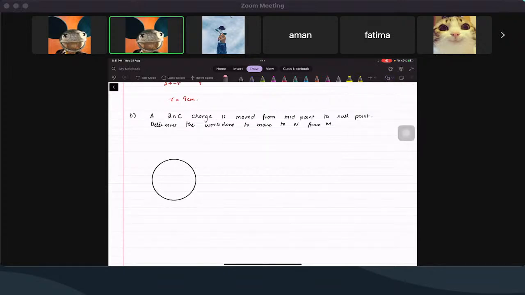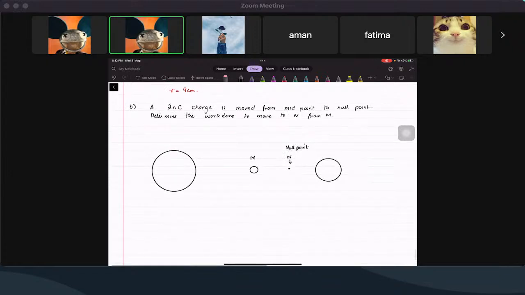Okay, so there is this charge, and then there is a small charge just right in the middle, and this is the null point, and the rest of the things are same. This is m, and this is point n. Now this distance from here to here, we already know it's 24 centimeters.